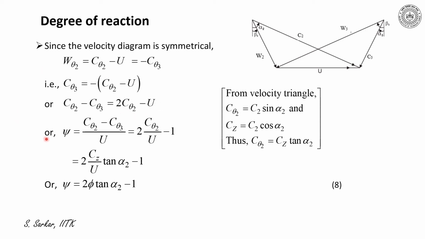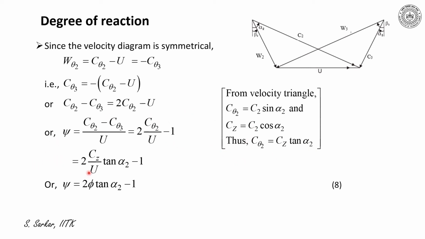Now, let me define xi, which is the blade loading capacity, equal to C theta 2 minus C theta 3 by U. Put the value of C theta 2 minus C theta 3. So xi would be equal to twice C theta 2 divided by U minus 1. Now from the velocity triangle I can easily show C theta 2 is equal to Cz into tan alpha 2. Thus, put the value of C theta 2 in this expression.